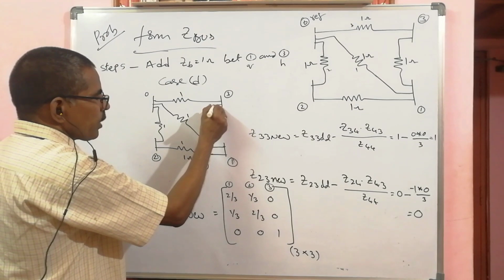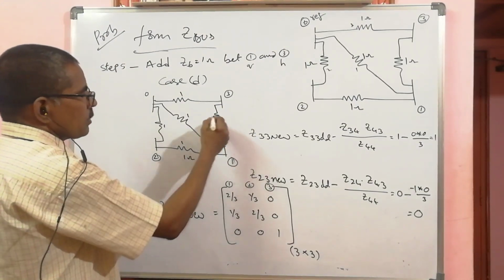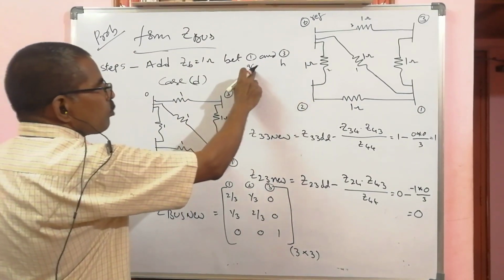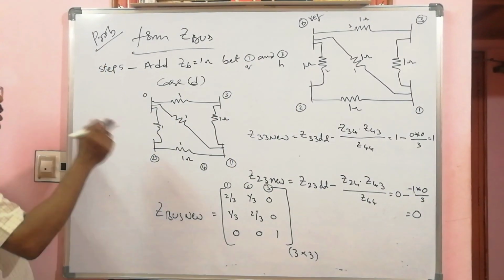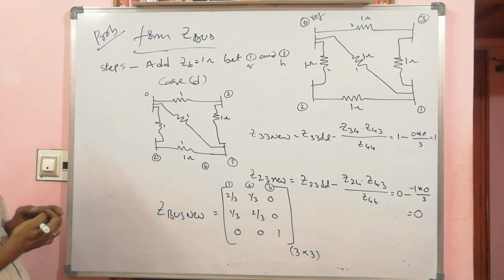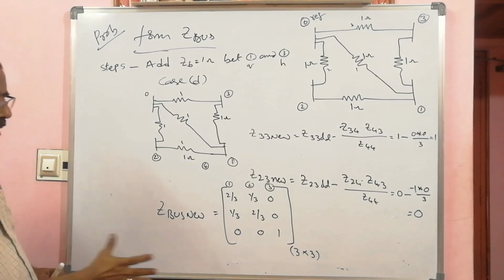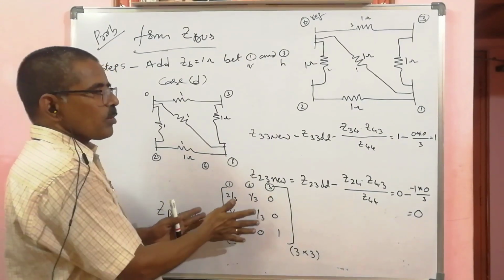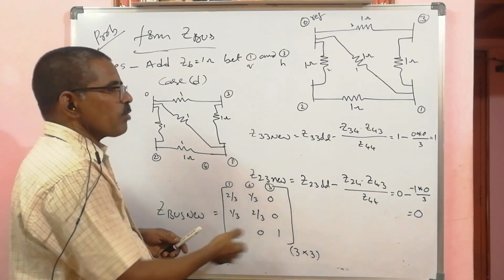Now this is step 5. What you are adding is this. This is 1 ohm again, between 1 and 3. And both are existing. That's why it is case D. So case D, this is our system now, the original system up to that. This is to be modified again.